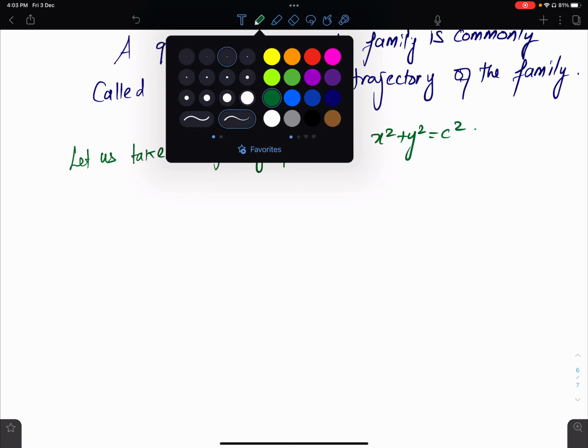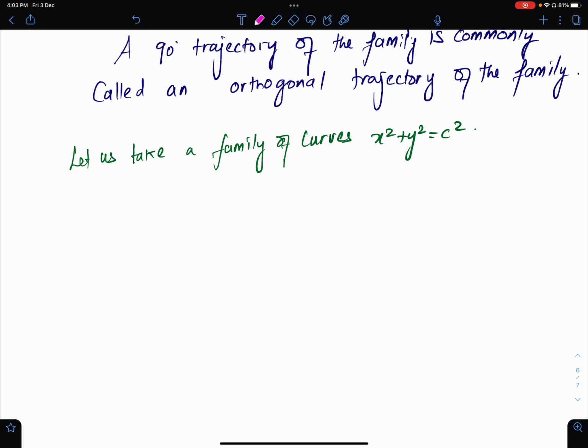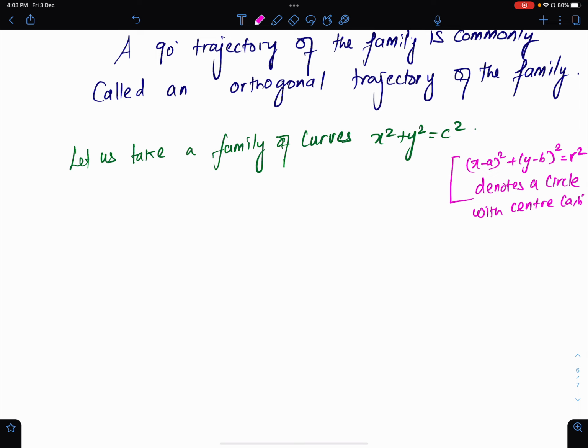Because you might have studied in foundation, at a lower level, x minus a whole square plus y minus b whole square equal to r square. This denotes a circle with center (a, b) and radius r.